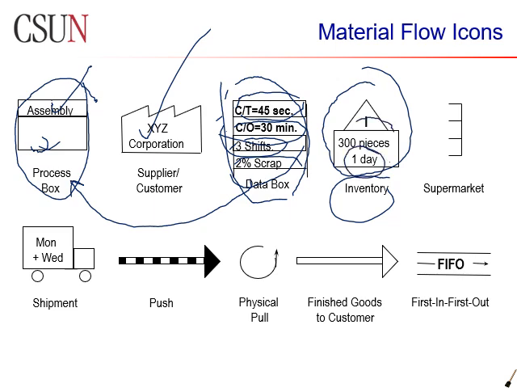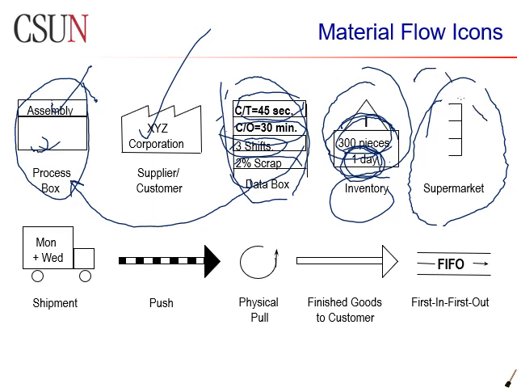So we need information about the number and we need information to convert these numbers into how many days. If you have a supermarket or a pull system, you pull something from here, and when it's empty, you use Kanban cards to retrieve the product. This is called the supermarket. You can use this one.